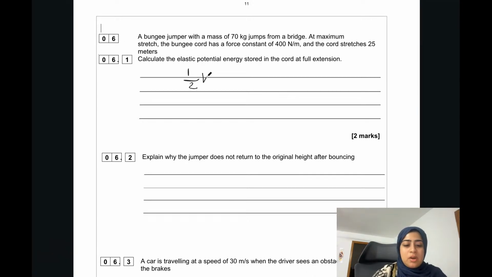Well, we know the formula is half kx squared. So a half times 400 times 25 squared. What's that? Half times 400 times 25 squared, that is 125,000 joules.